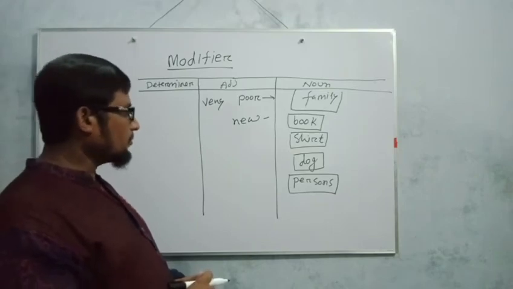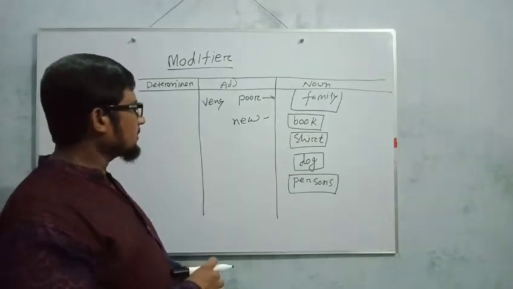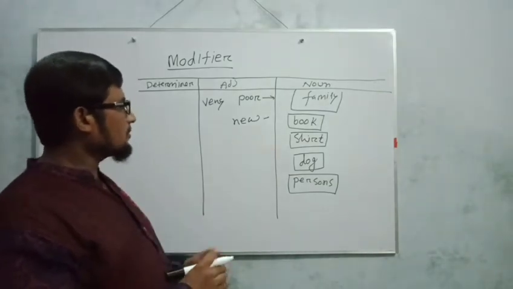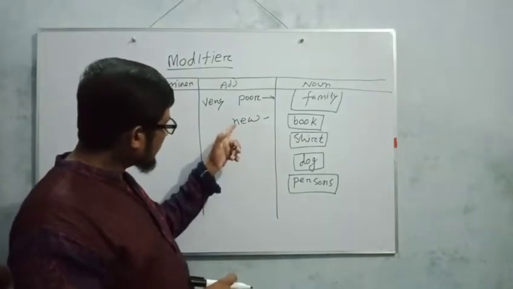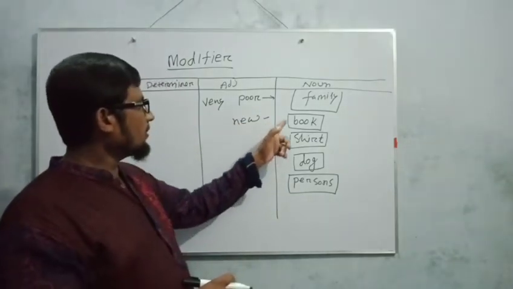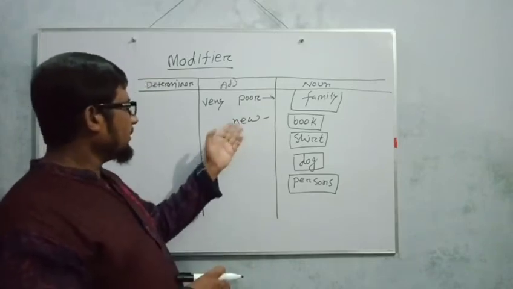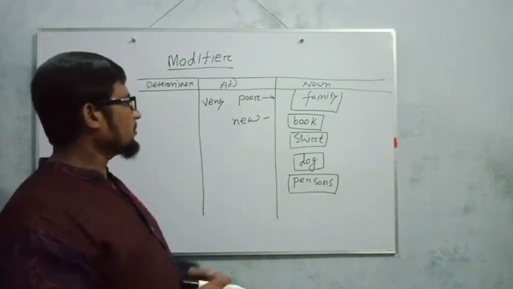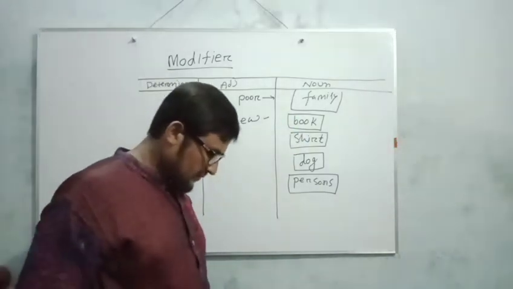Old book or new book? So now it is clear to us that the book is not only book but it is also new. So now new is a modifier of book and it is called pre-modifier, as new is placed before the noun book.